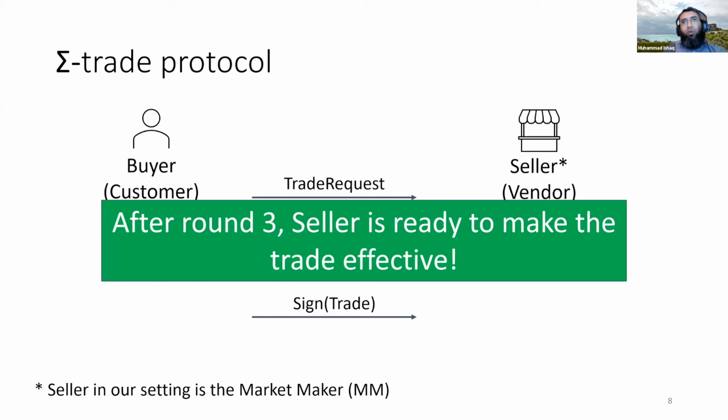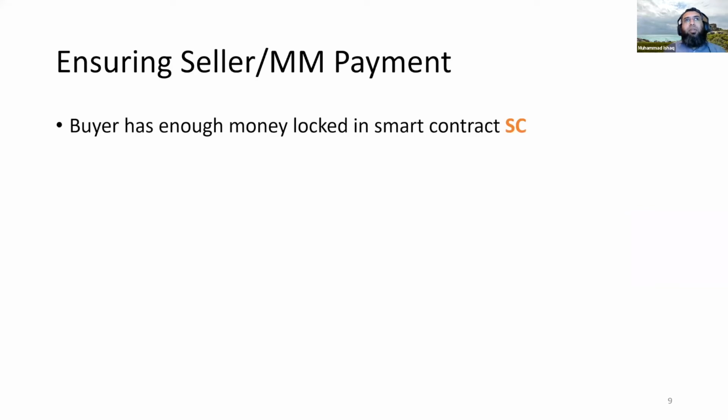This protocol, these 3 rounds happens off chain. There is an initial setup though. So this protocol is executed many times after an initial setup, right? The natural question here is that what if after round 3, the buyer goes away? How do we ensure the seller or the market maker gets its payment? So that's where the setup comes in.